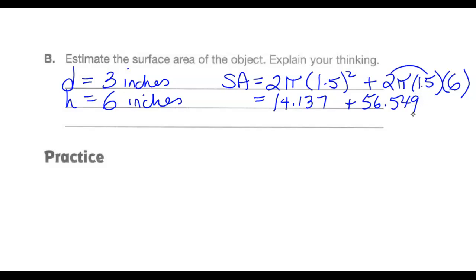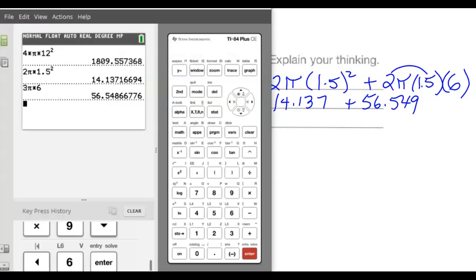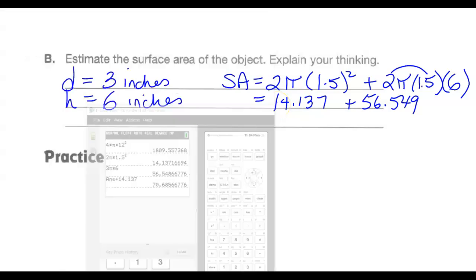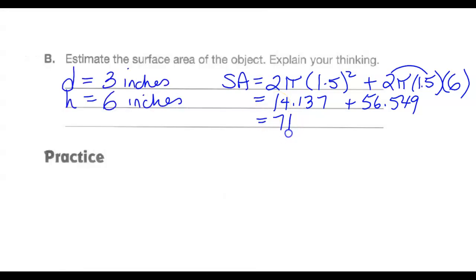Then add those together, and that's 70.68. So basically 71 square inches. Okay, and then it's practice time.